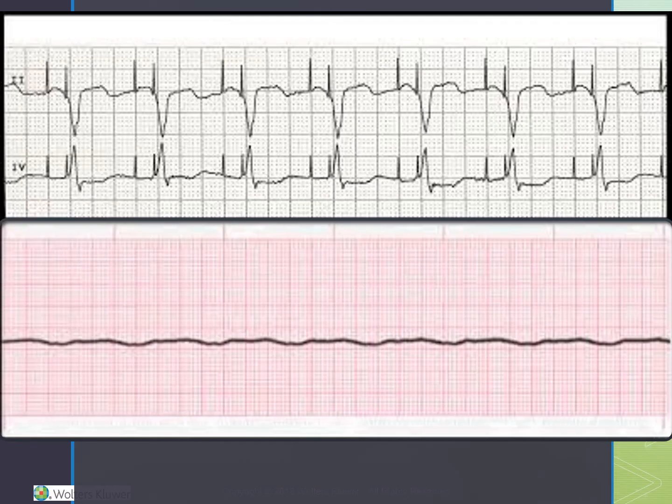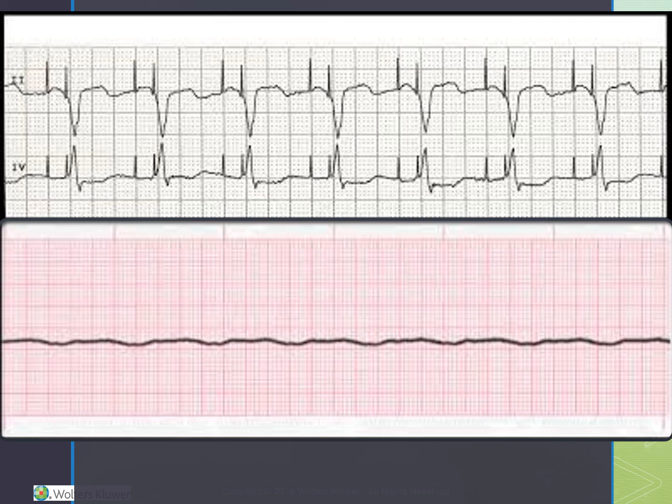This strip shows an AV paced rhythm. So we have an atrial paced and a ventricular paced rhythm. The AV paced rhythm has two pacer spikes. If it is an atrial paced, it will be just a single spike. If it's a ventricular paced, we'll just have a singular spike. The difference is where that spike occurs.